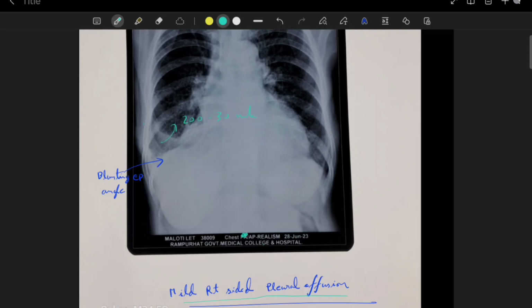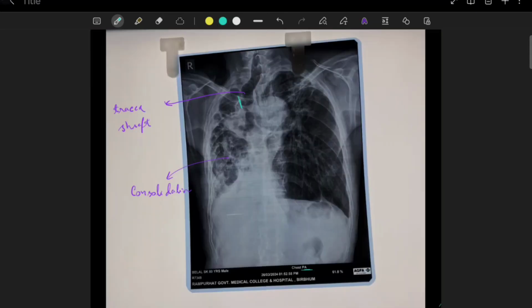Then the next X-ray. Let us see whether it is AP view or PA view. It is PA view and it is the right side, okay. After that you see the position of the trachea. The trachea is shifted towards the right, okay. And here there is consolidation, severe consolidation of the whole right-sided lung. So what is the finding?